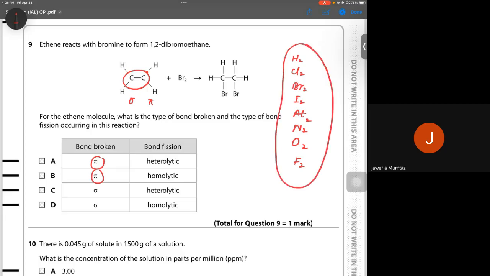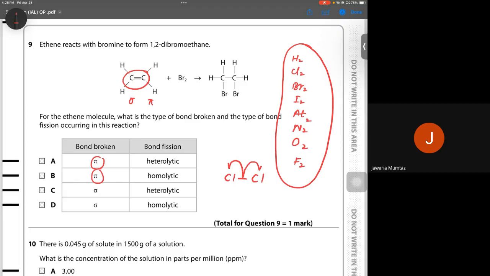If you are going to break the covalent bond, it would be called homolytic fission. You know how? Cl, then Cl. The bond is going to break down in this manner. It's called homolytic fission, even distribution of electrons.